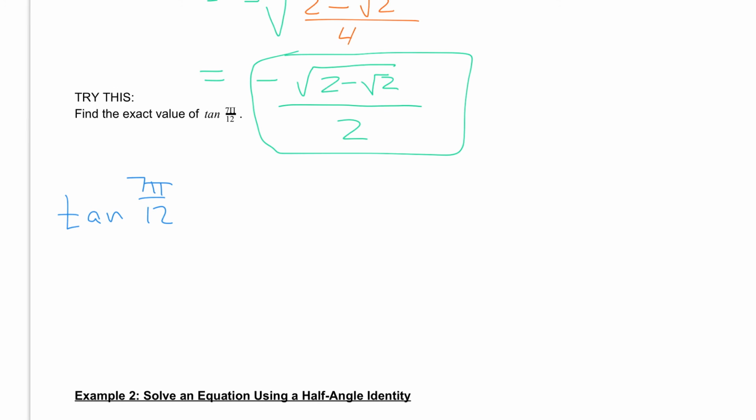Remember, the 12 would become a 6, and we'd get 7 pi over 6. So this is the same thing as the tangent of (7 pi over 6) divided by 2. And then you can go ahead and use the tangent half angle identities.